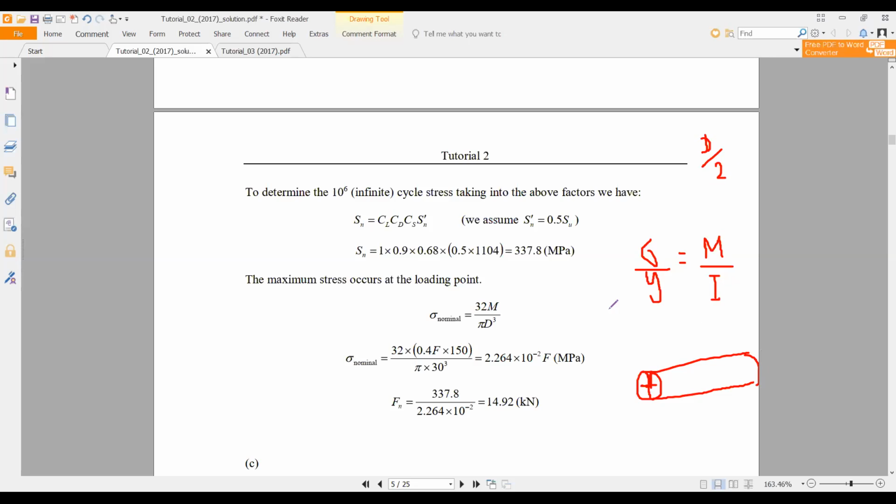I is normally pi d to the power 4 divided by 64 for the circular shape cross section, isn't it? So later on, you don't need to memorize it. I will show you how to get this equation very easily.